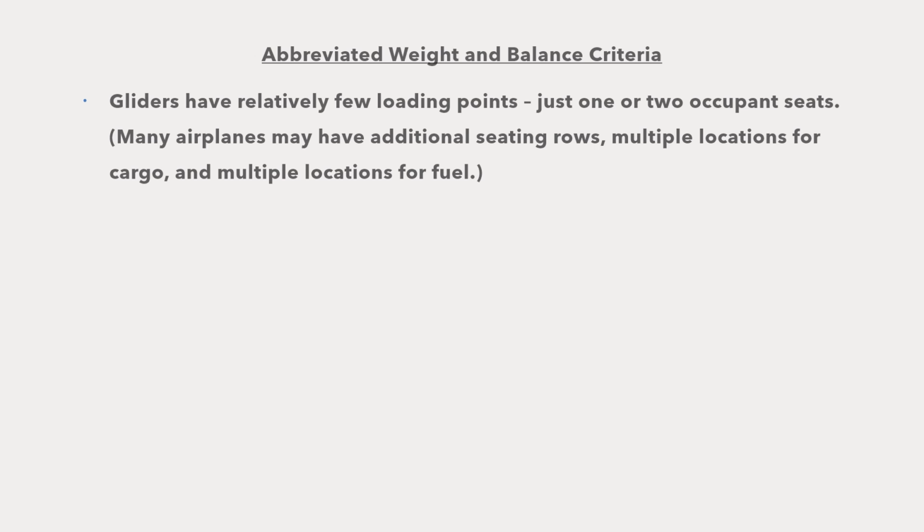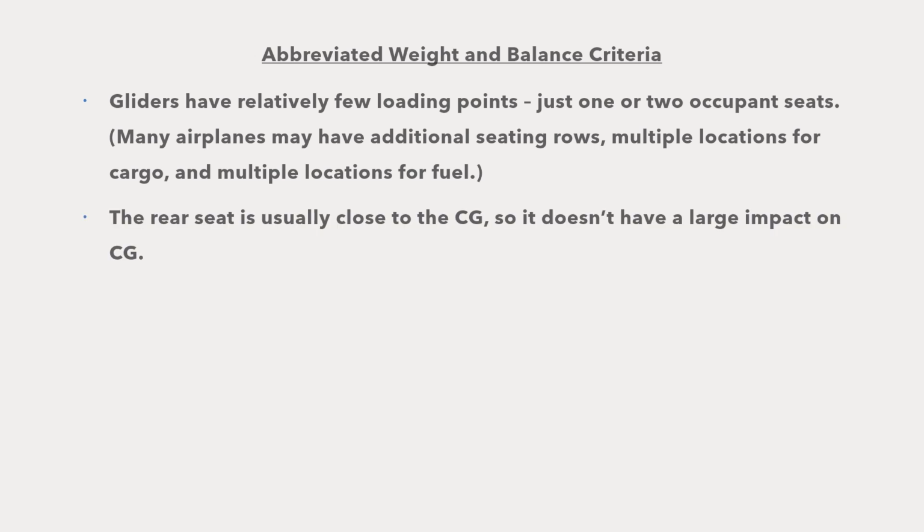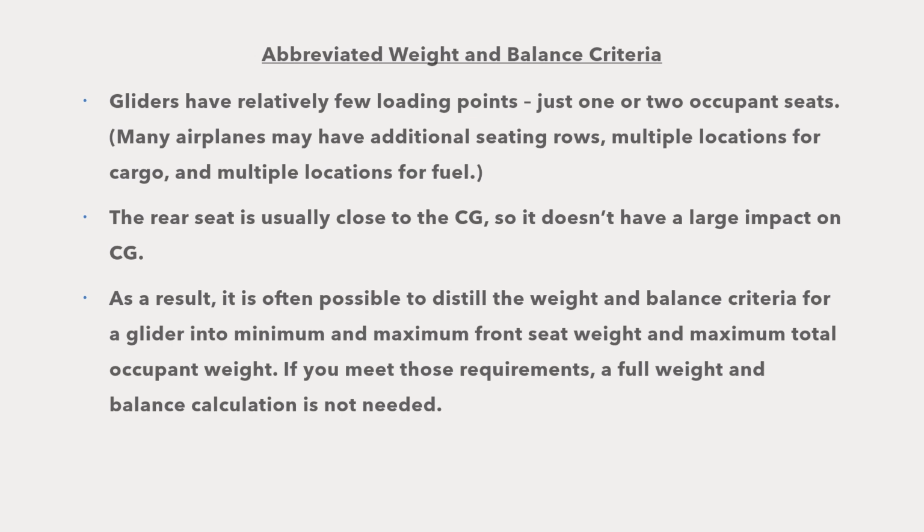But for gliders, typically there's just only the two occupants. And since the rear seat is usually very close to the center of gravity, it has a very small impact on the center of gravity of the loaded aircraft. So the result of that is you can kind of distill the whole weight and balance criteria for a glider into a couple of more simple criteria.